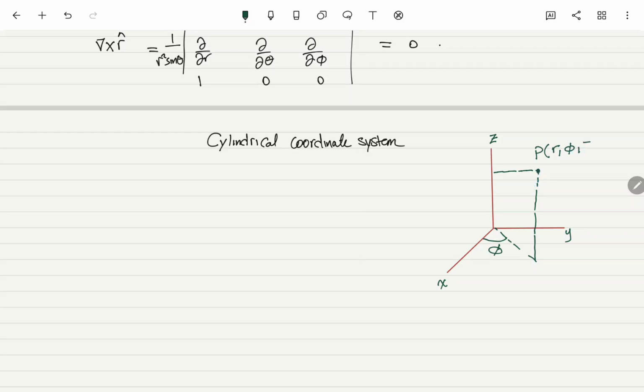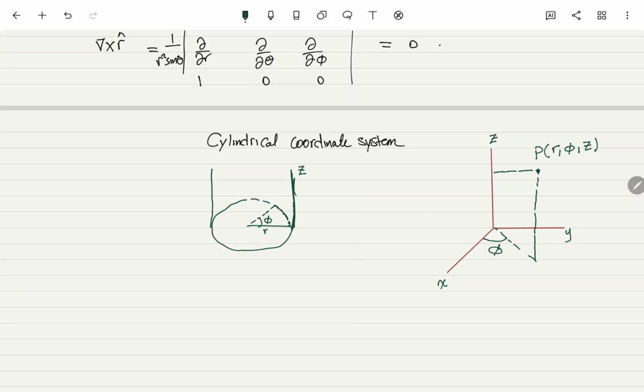phi, and z. Remember, when you try to draw a cylinder, you actually have a radius and you create a disk like this one here, and you move this whole disk up in the z direction. So three coordinates we have here: r, and this r sweeps angle phi, and this one is z, similar to the z in the Cartesian coordinates.